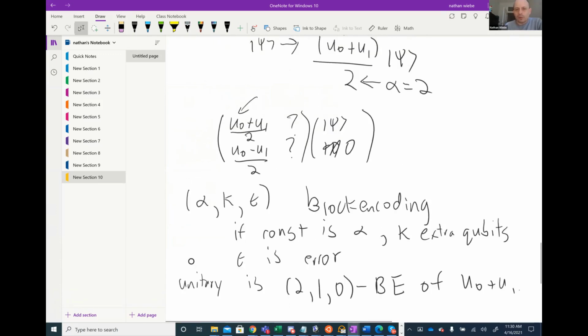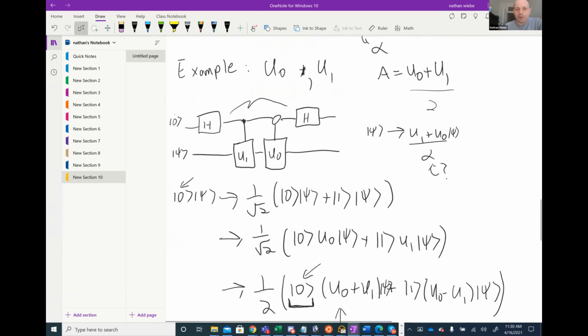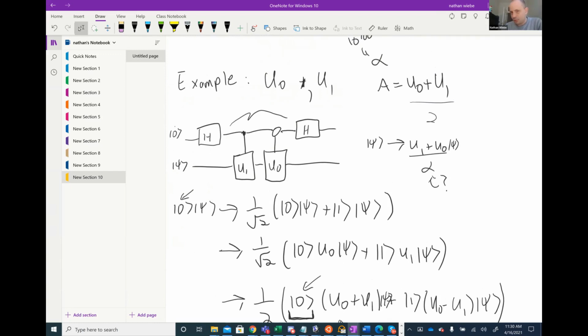Okay, so cool. We've done this for the simplest possible case of adding 2 unitaries, right? Let's talk about the more general case where we want to add an arbitrary number of unitaries. Now, recall that actually we can build any matrix we feel like by adding unitaries together.